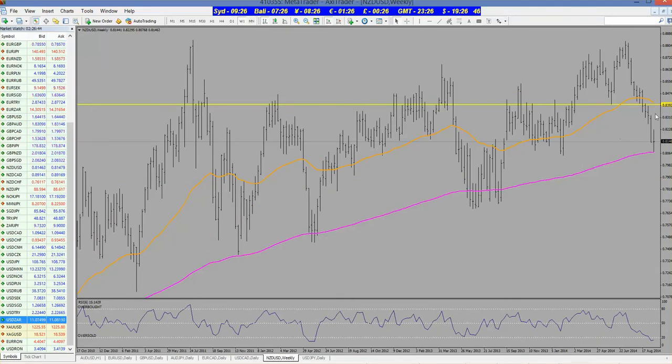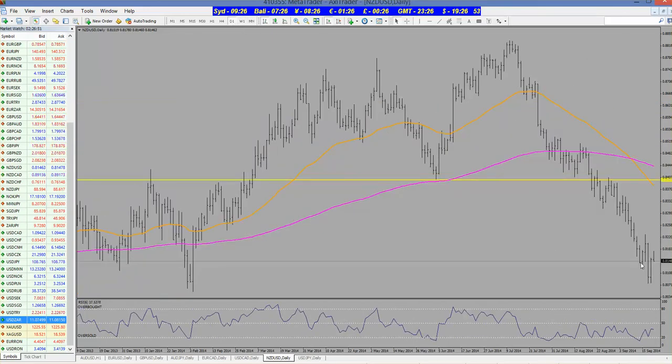That could well be the case off the 200 before it then becomes a bear market again. So it's a little tough to tell. It's pretty hard to be buying this at the moment.